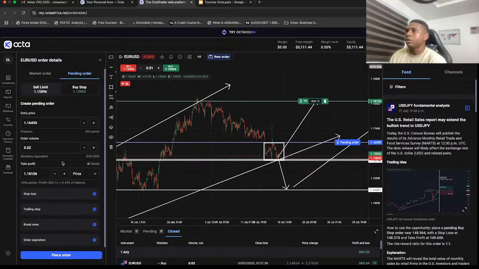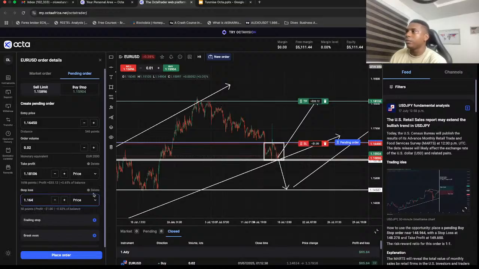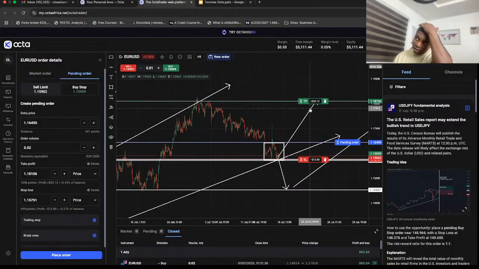Then my stop loss, I'll just take here. In case my buy order is triggered and the market reverses, I'm willing to take a profit of $33 and willing to risk $13.